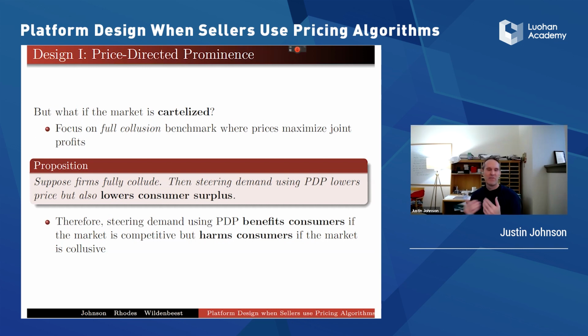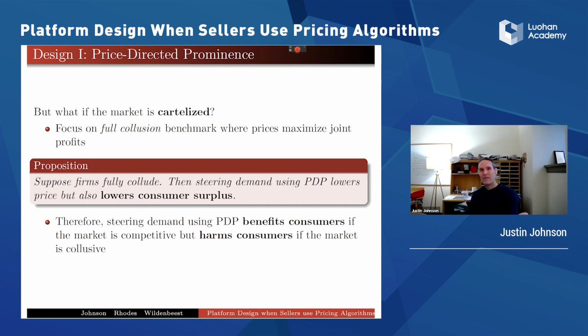And if any of them thinks about lowering their price today, then they start a price war that lasts into the future, and that price war is no good for any of the merchants, so that incentivizes them all to keep prices high, and that's what the collusion looks like.